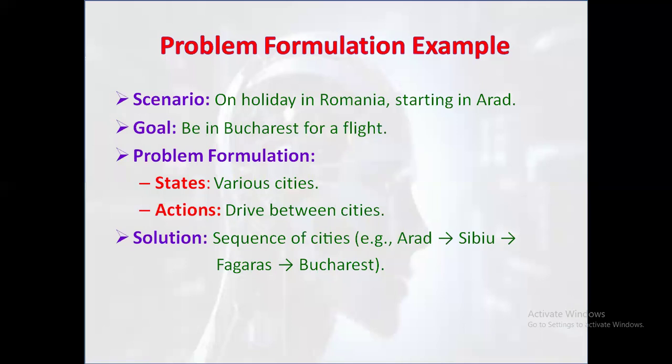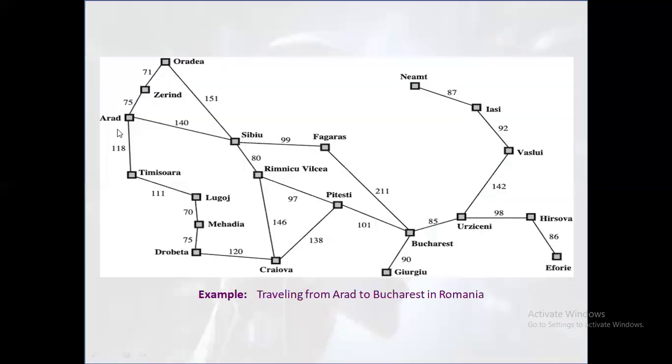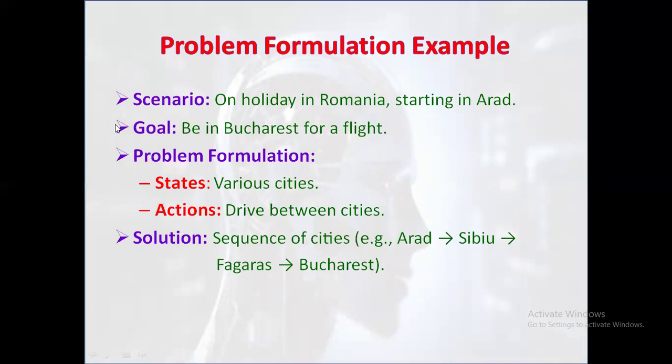So next, we'll see the problem formulation. The example of the problem formulation. Let us take the scenario. In this example, the agent is a traveler on holiday in Romania. In the previous graph, you can see it starts in Arad, and the agent's goal is to reach Bucharest in time for a flight.